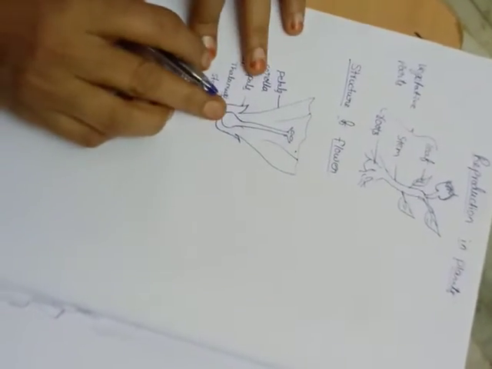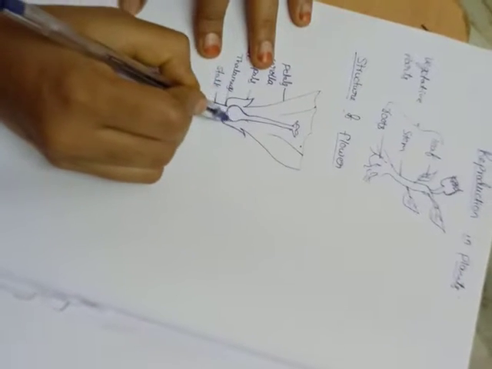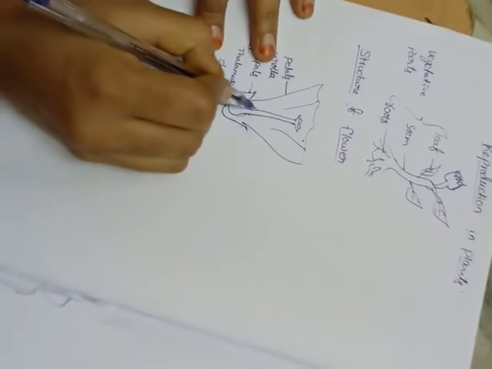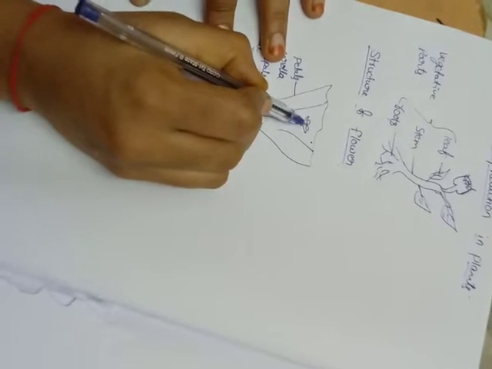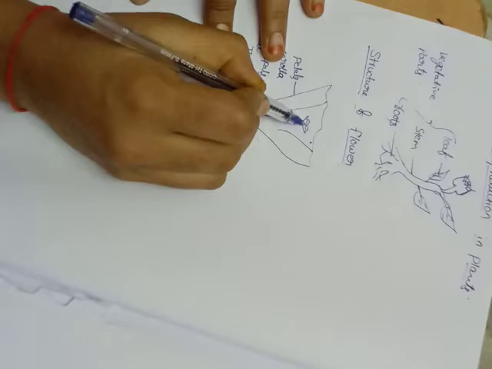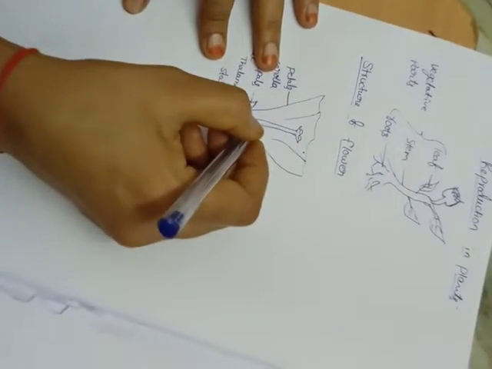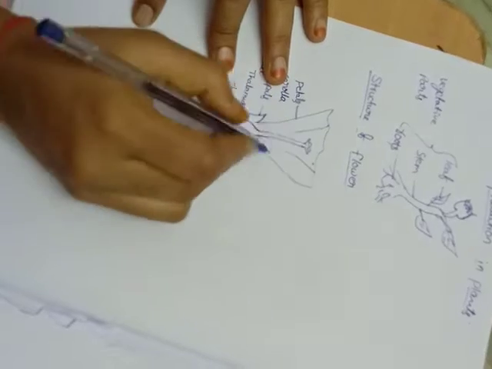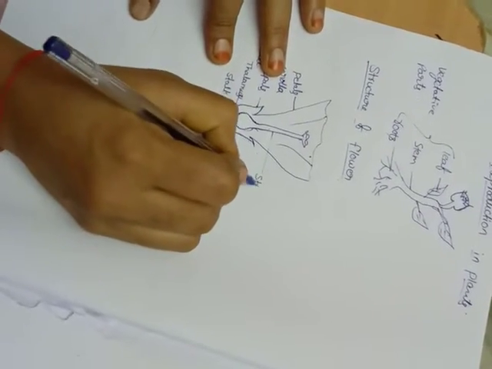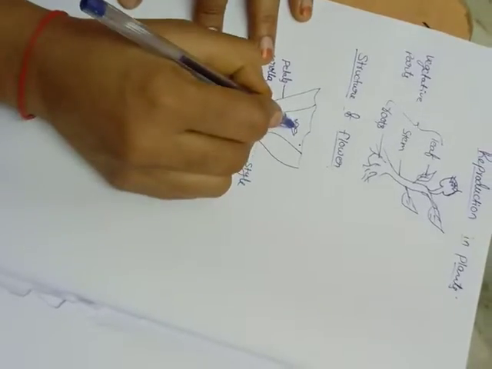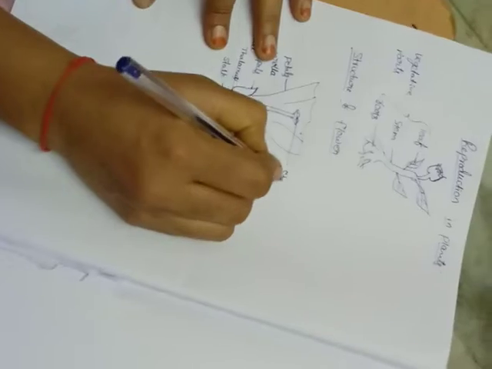The bulb-like part is called gynoecium. This bed-like structure has holes to let the anther enter into the style. This is called stigma, and this tube-like part is called style.